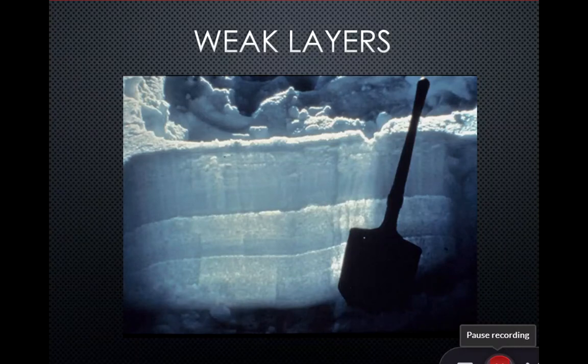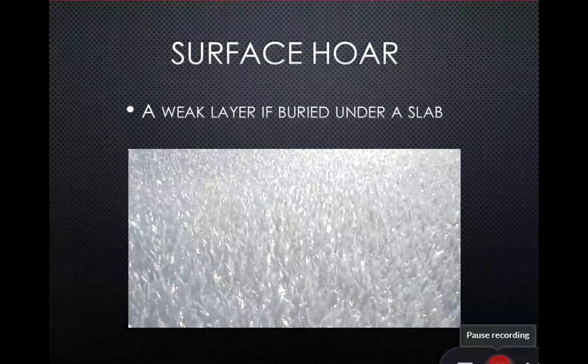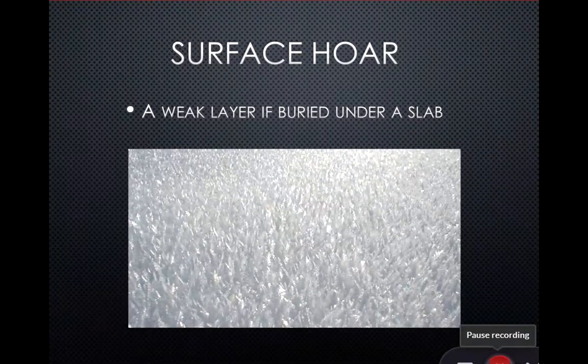One of the types of faceted crystals that we encounter is called surface hoar. So these are feather-like faceted crystals that form on the surface of the snow. Sometimes they're called near surface facet, sometimes they're surface hoar. There's definitely a lot of technical snow terms, but basically these feathery crystals are not a big deal.